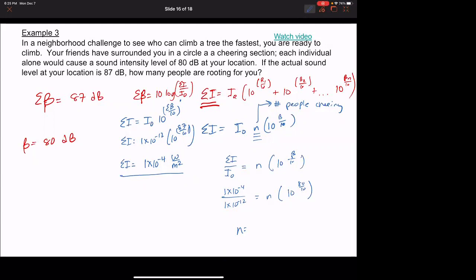I screwed up. I put 80 in here. I didn't use 87. Son of a gun. I didn't get enough decimal places on there.